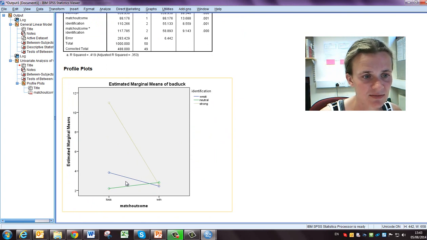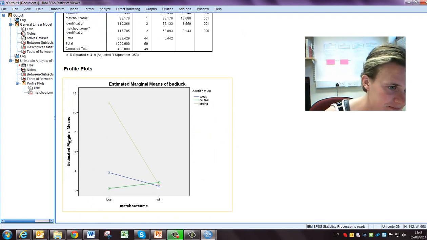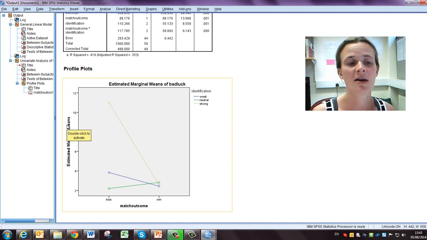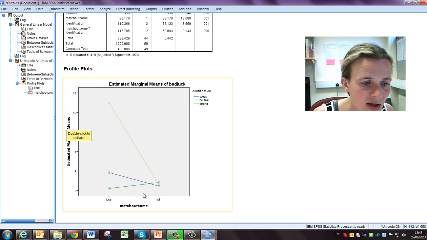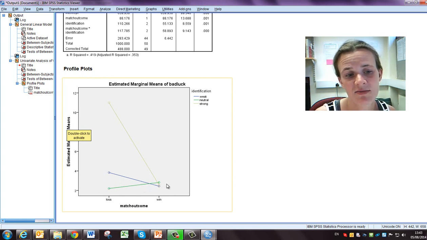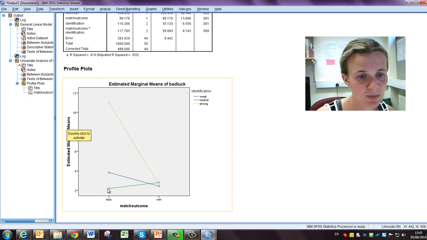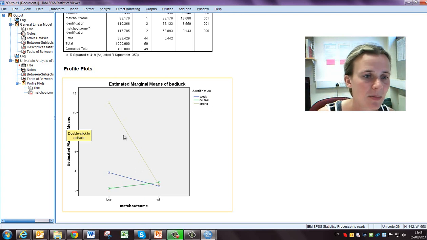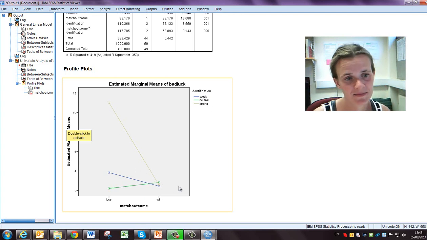Now what this shows, so that's the rating of bad luck. To what extent do you think the match outcome is due to bad luck? Now these two lines are not very different. They differ 2 points at their biggest, between weak and neutral. But there's something going on here.